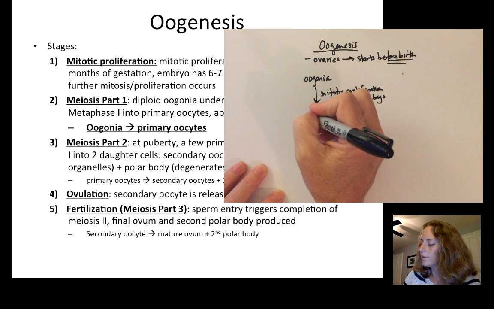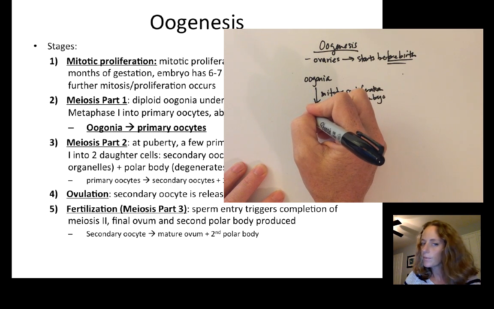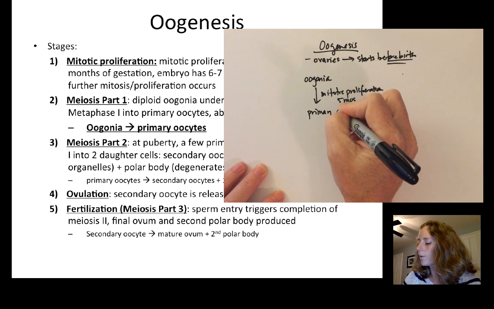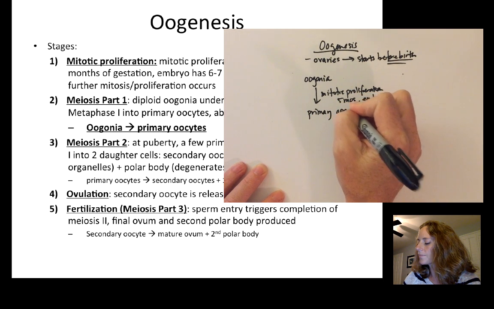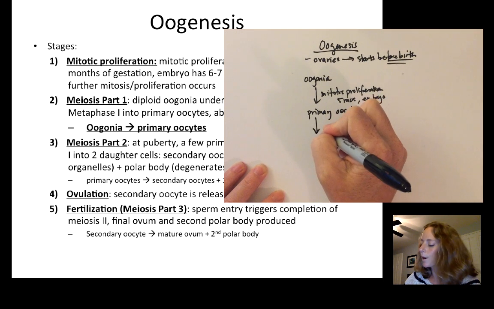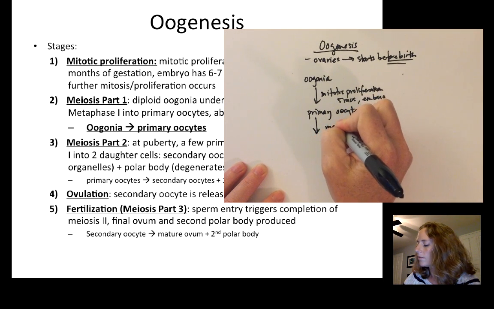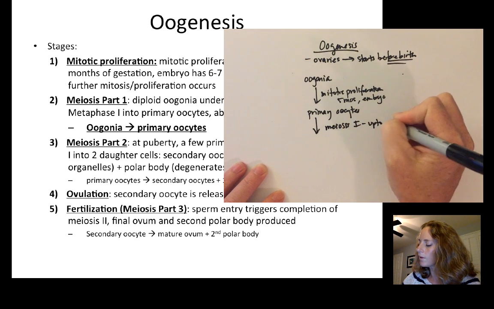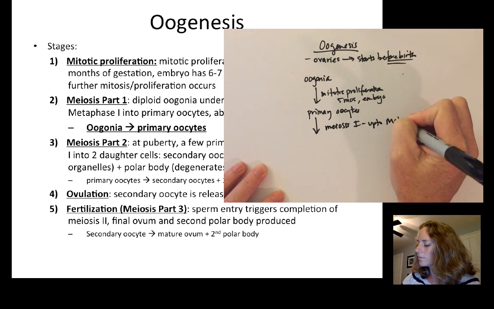From there, they will turn into primary oocytes. Primary oocytes are going to undergo partial meiosis 1 up to metaphase 1.